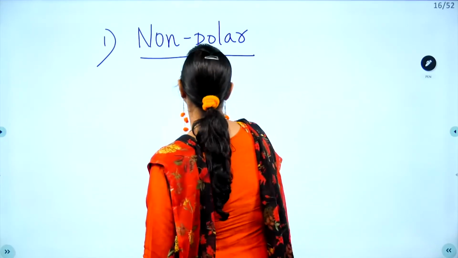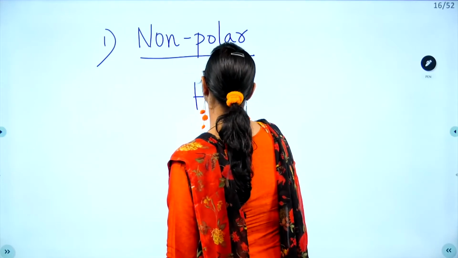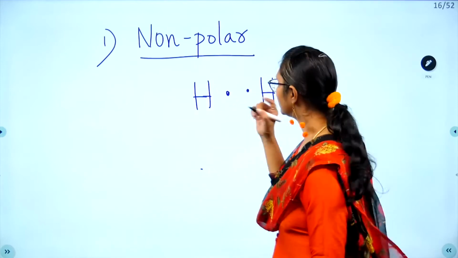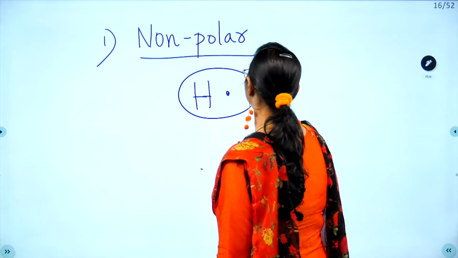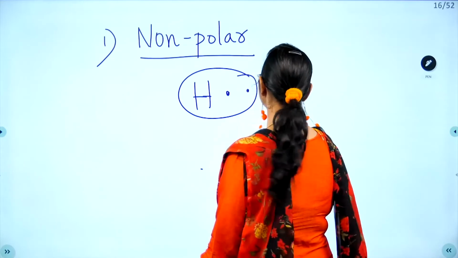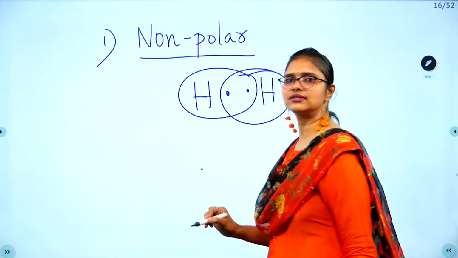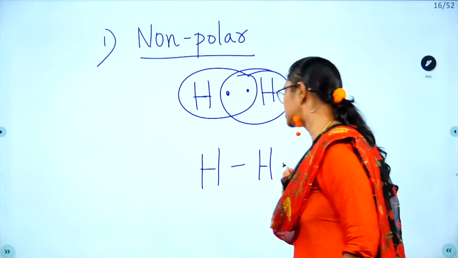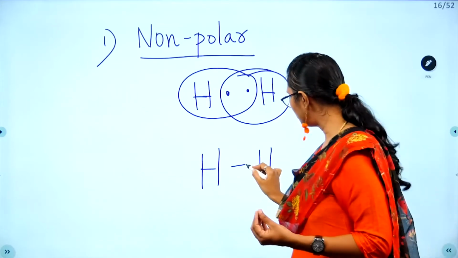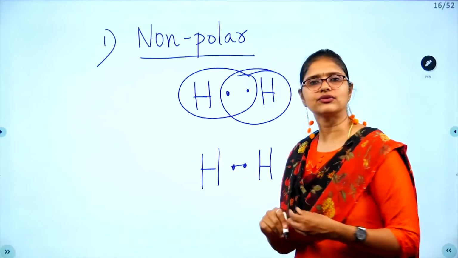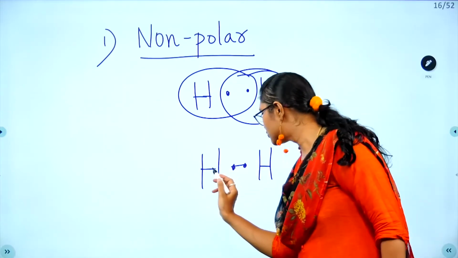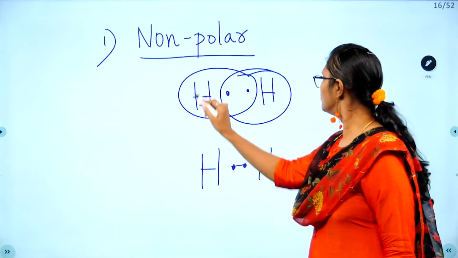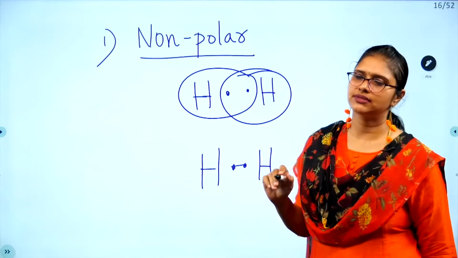For example, hydrogen has one electron. Another hydrogen also has one electron. Now what will this hydrogen do? It will share electrons. Similarly, this hydrogen also shares electrons. So you can see that a single bond is formed. What do you mean by a single bond? A single bond is made up of two electrons. This electron belongs to this hydrogen and this electron belongs to that hydrogen, so they mutually share electrons.